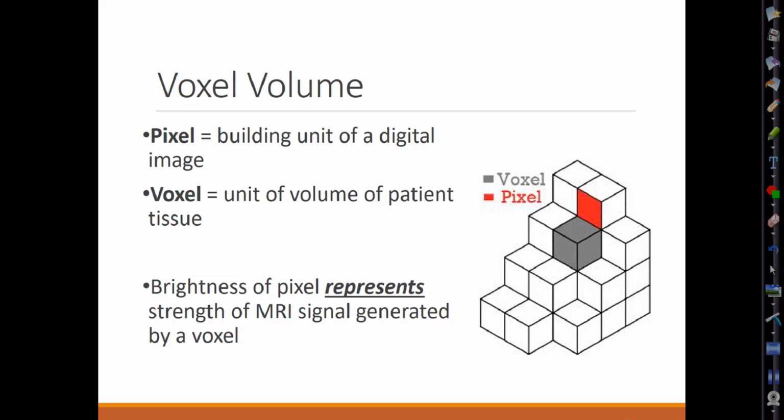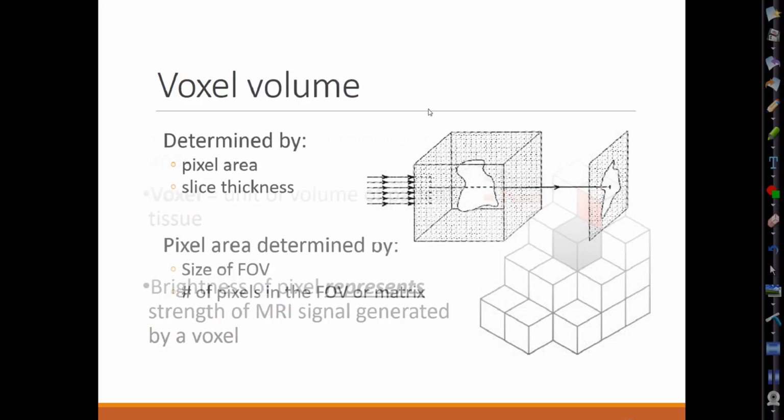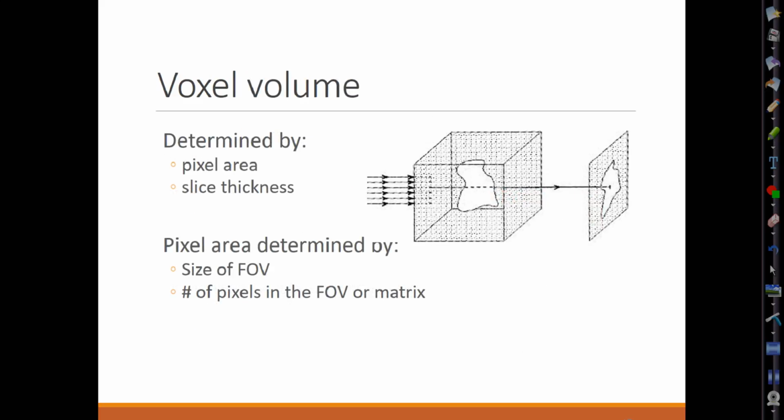So the brightness of our pixel on our MR image represents the strength of our MR signal generated by that voxel. So our images usually come up in the 2-dimensional format, but what's really happening is it's really just a voxel that has been compressed down into a 2-dimensional image, or it's called a collapsed image, where you still have all three dimensions, but it gets collapsed down into a two-dimensional image.